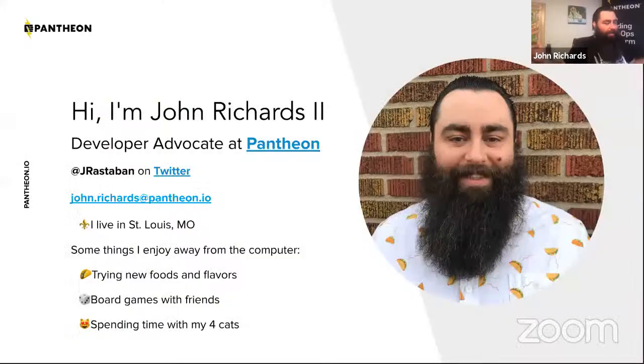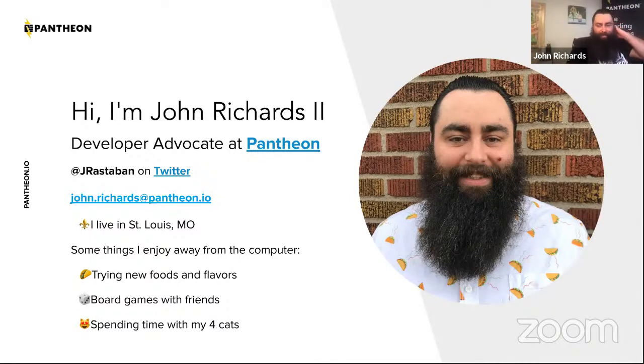So, my name is John Richards, and I'm a developer advocate here at Pantheon. If you're curious about what a developer advocate does, my role functions in kind of two ways. One of those is to take information from people like you and take it back to our engineers.